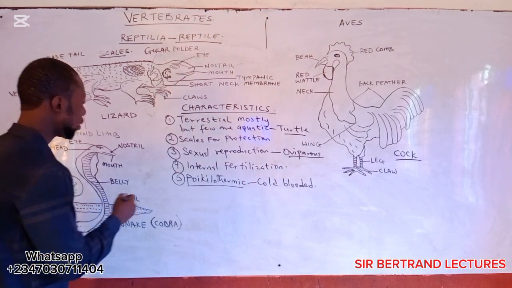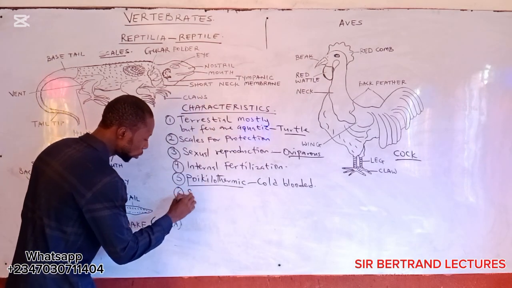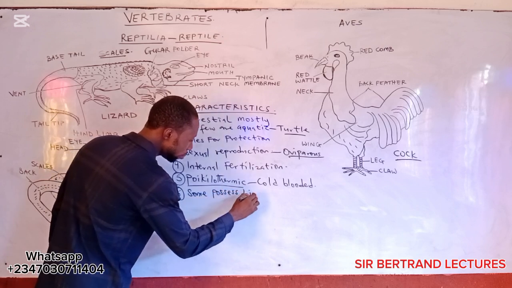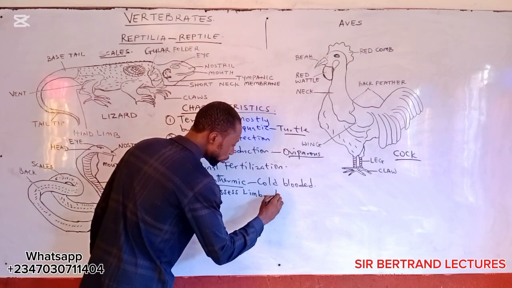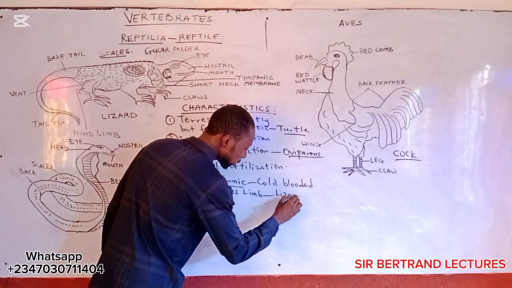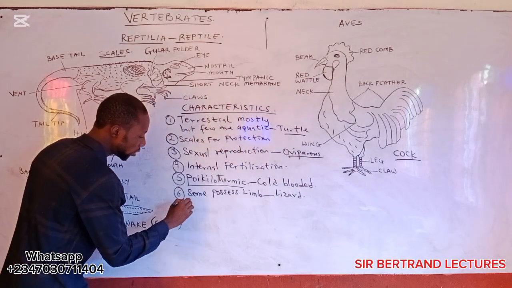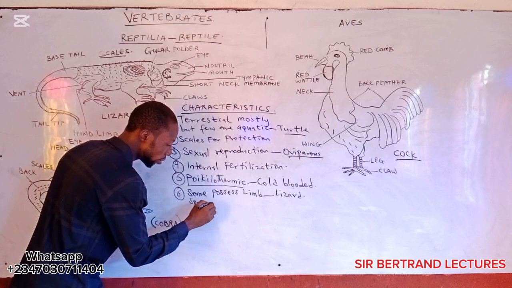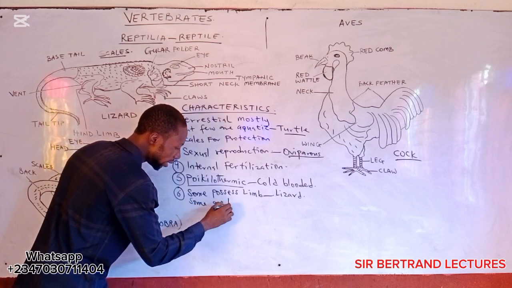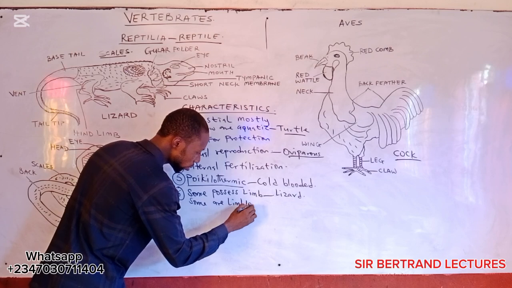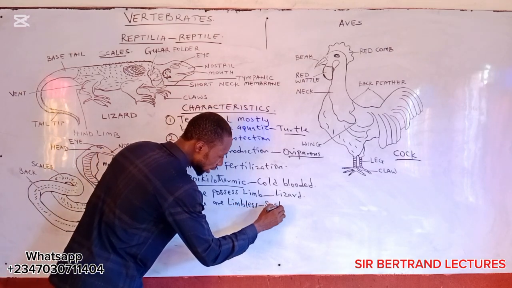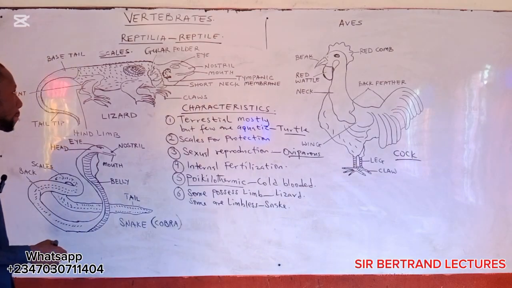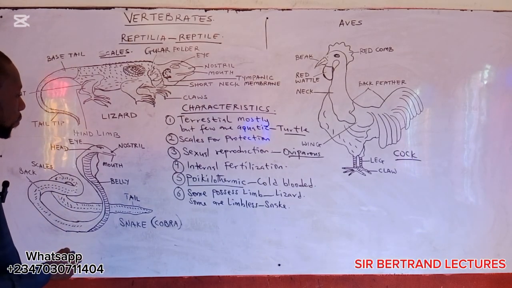Then number 6, some possess limbs, example, lizard. Some are limbless, example, snake. They don't possess limbs.